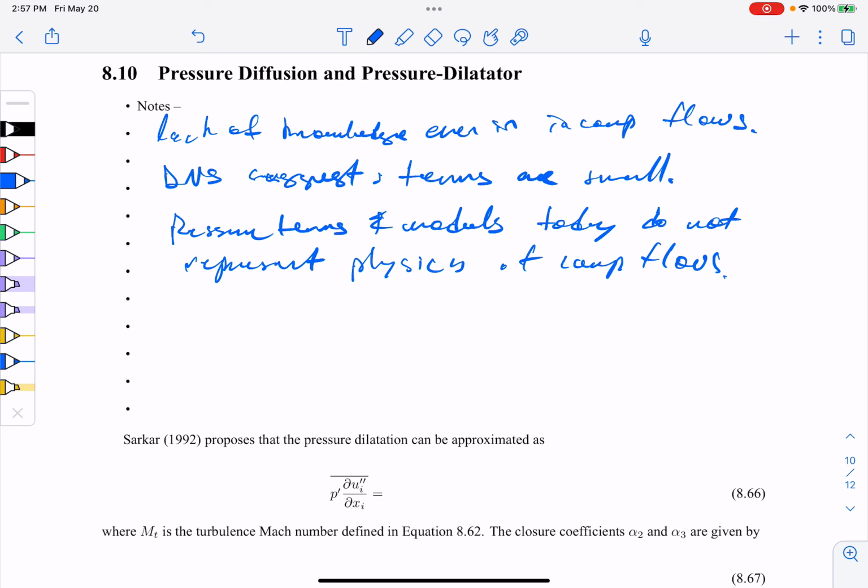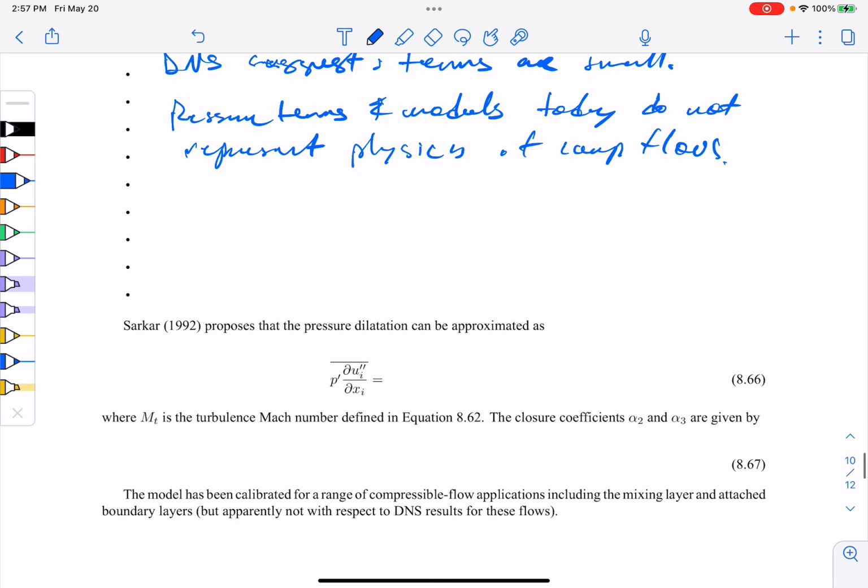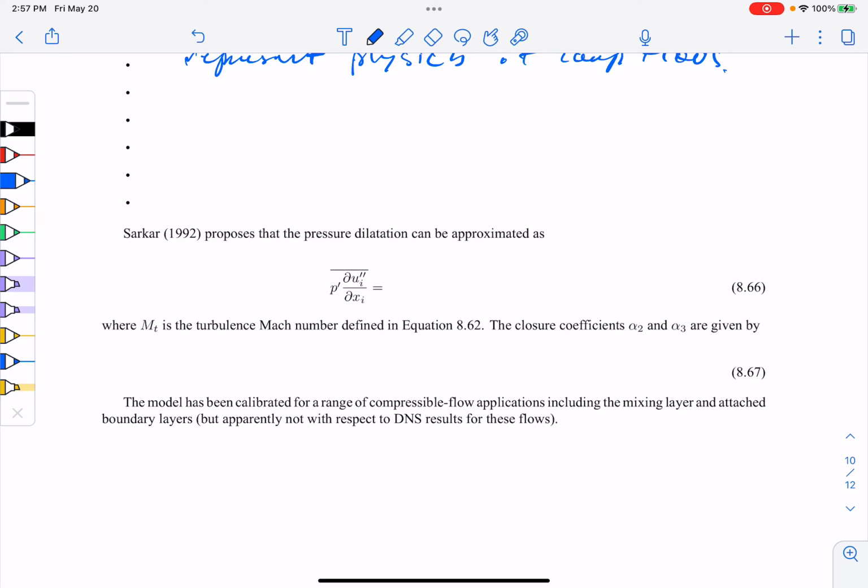Now, new proposals in the last many years have tried to get generally accepted models. And what would those be? Probably one of the most popular is by Sarkar in 1992, and they proposed that the pressure dilatation can be approximated as alpha 2 times rho bar tau ij partial u tilde i partial xj MT plus alpha 3 rho bar epsilon MT squared.